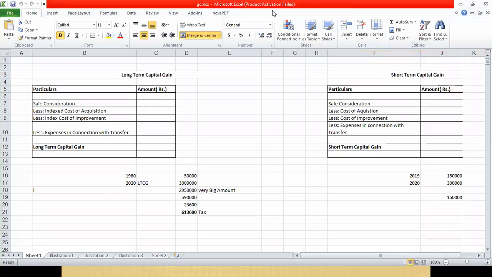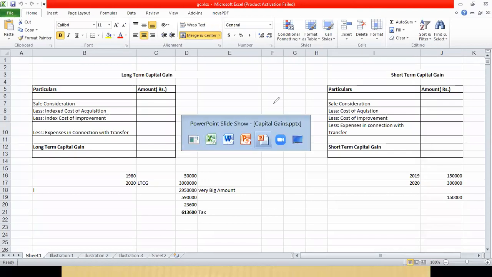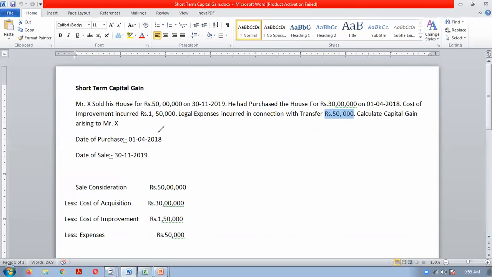In short term capital gain, the method is sale consideration minus cost of acquisition, less cost of improvement, less expense in connection with the transfer. Very simple. The last example also we have done that.